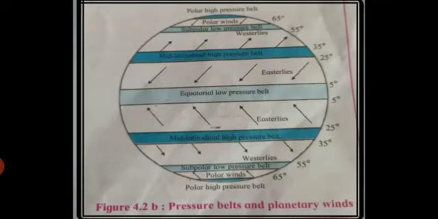So children, the next pressure belt is the subpolar low pressure belt. Now the word curvature means curve, and as you must be knowing, the earth is curved, and due to this the area between two parallels is reduced as we move towards north and south pole. Children, see the figure.